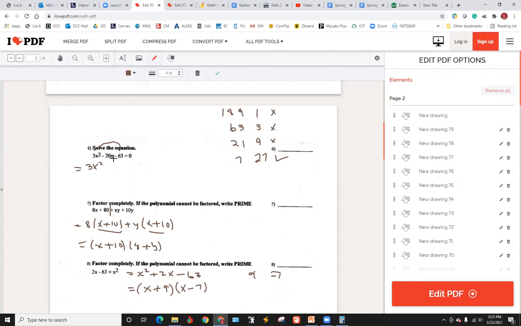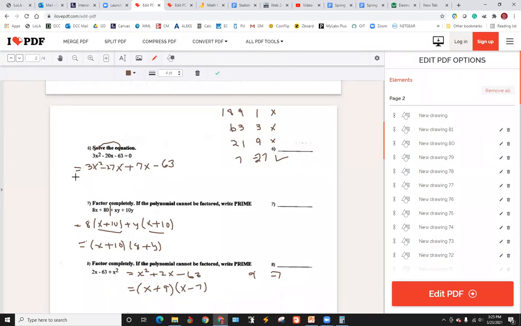We need the larger one as negative, so let's make that one negative. All right, I'm just going to factor it, and then once I get the factors, I'll set it back to 0.